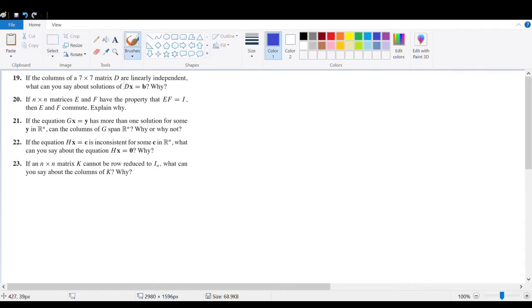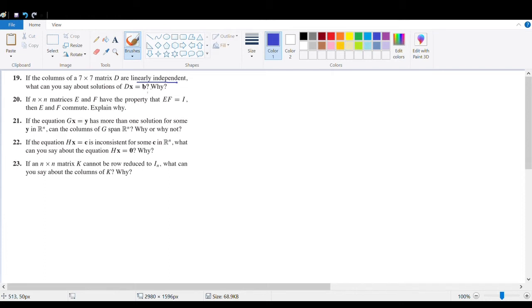In 19, if the columns of a 7 by 7 matrix D are linearly independent, what can you say about solutions of Dx equals b? If the columns are linearly independent, the invertible matrix theorem applies for the matrix D. So D should be invertible.